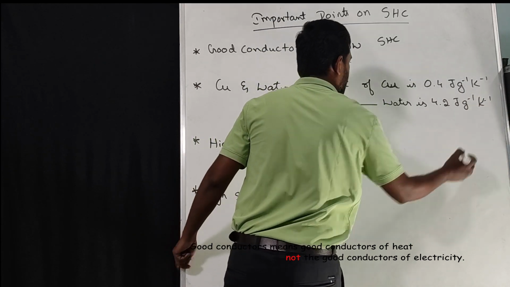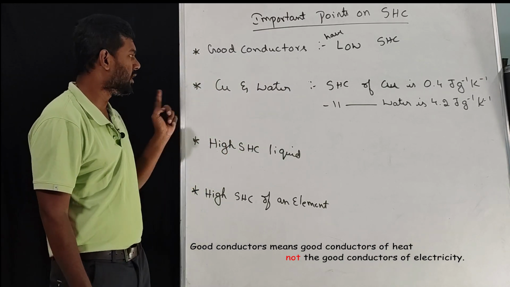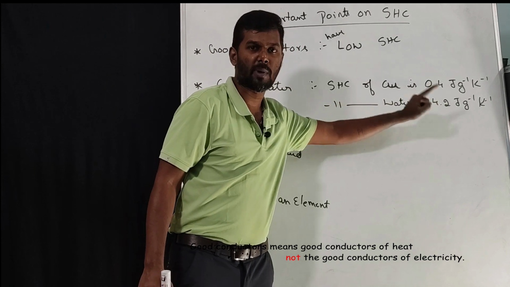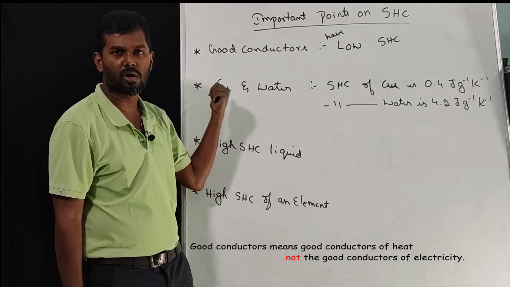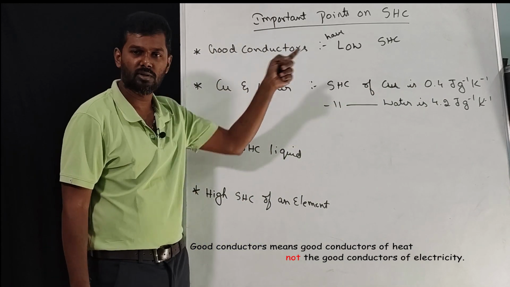Compared to copper and water, which is the very good conductor here? Copper, so it has low specific heat capacity, and water is a poor conductor compared to copper, so it has high specific heat capacity compared to that one.